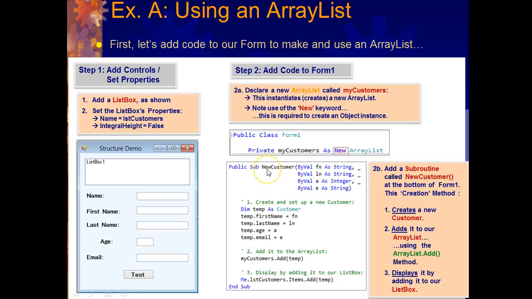Then we have a function which is going to create a new customer, add that customer to the my customers array list, and in addition display it in our list box.